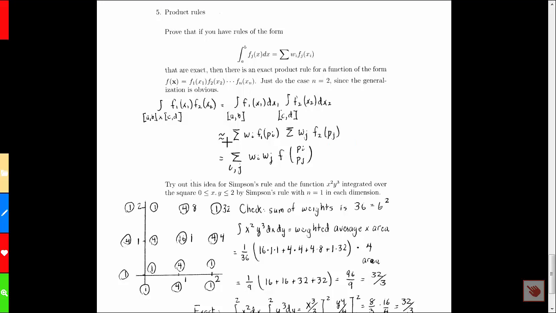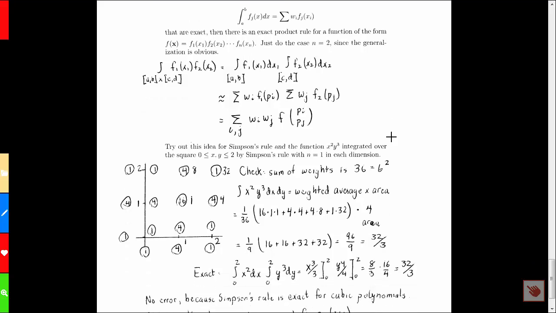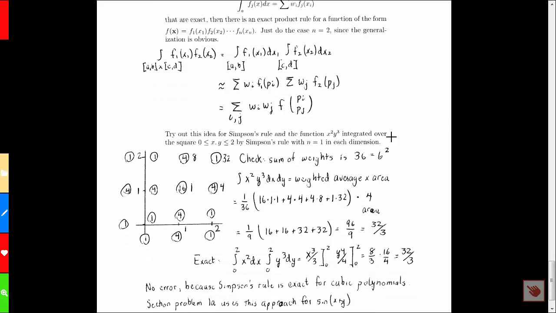Then I can multiply these together, and we get a so-called product rule. It says the weight you need for evaluation at x equals pi, y equals pj is just wi times wj. Once you see an example, this formula will look pretty obvious.